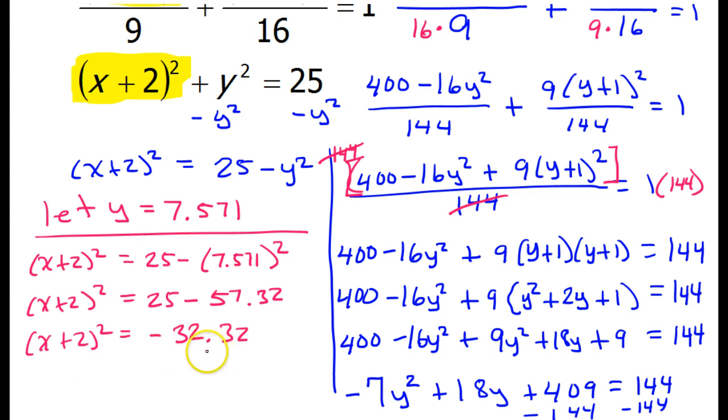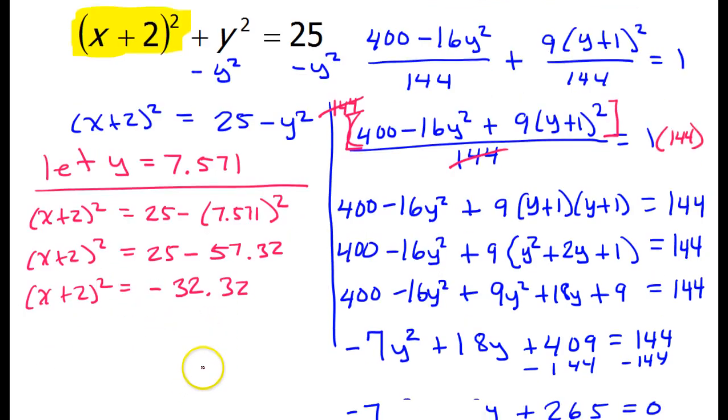That's giving me negative 32.32. Well, that's no good because I have something squared equaling a negative number. That can't happen. So there's going to be no solution here.